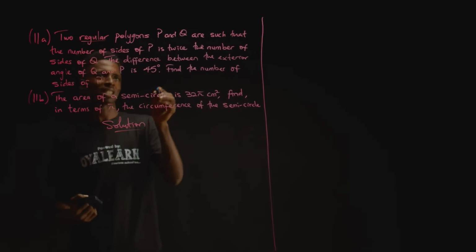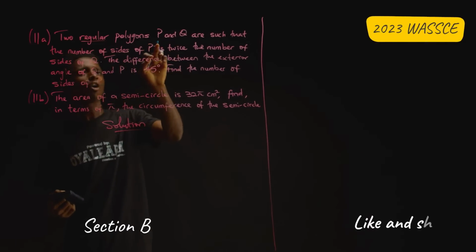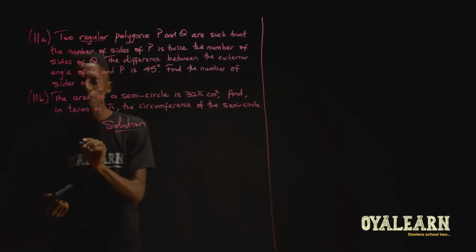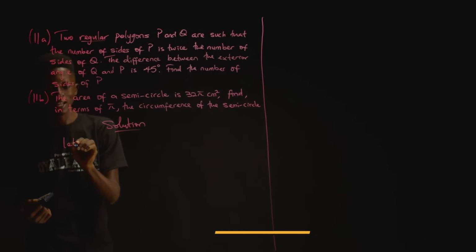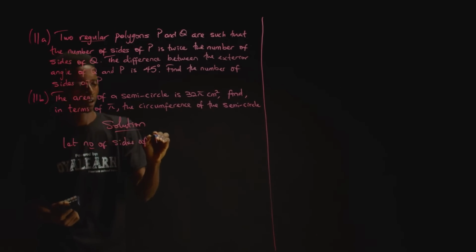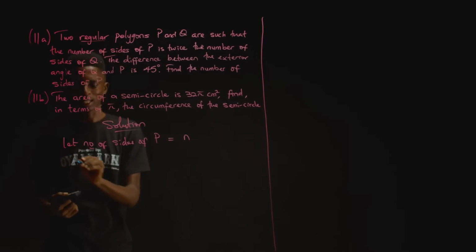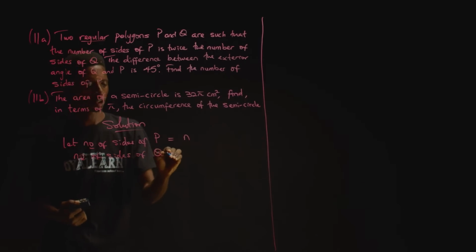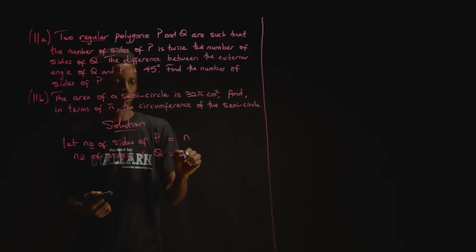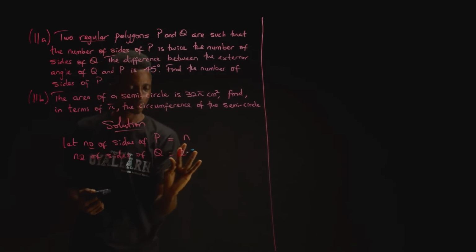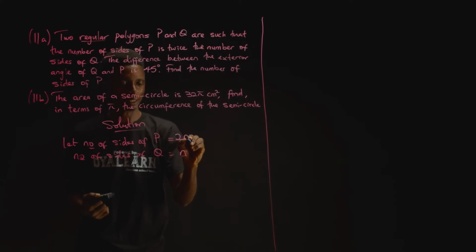But some of the information we are given is that the number of sides for polygon P is twice the number of sides of polygon Q. So if Q is n, P should be 2n, right?